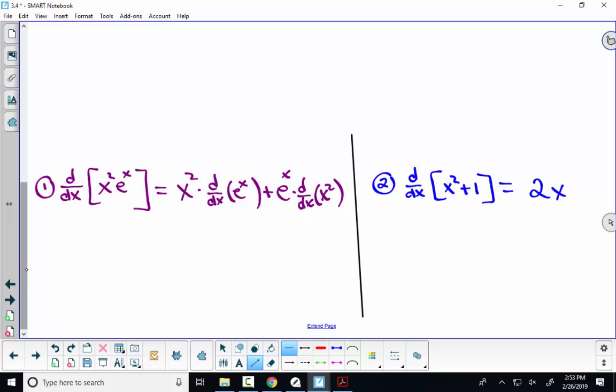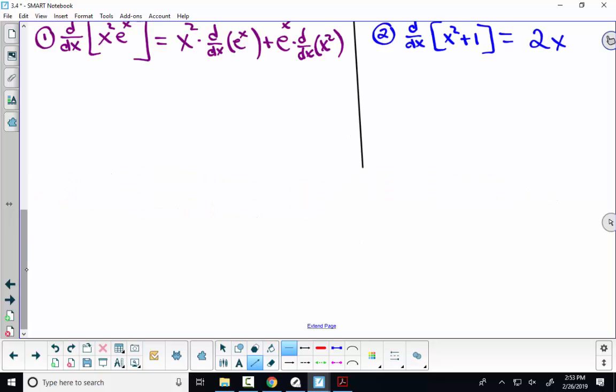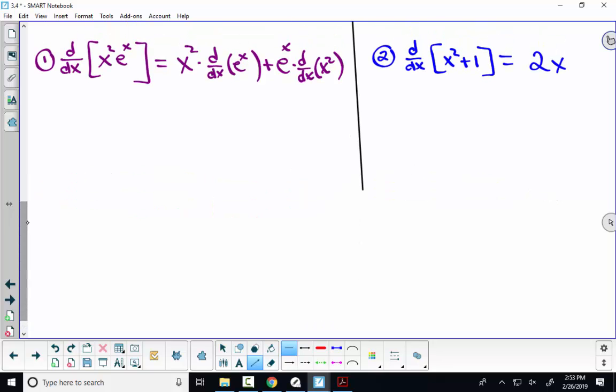Is everyone all right with that? Now, this kind of secondary derivative also has other derivatives that we have to compute. So in keeping with how we're handling this, off to the side, we're going to compute the derivative of e to the x and the derivative of x squared.